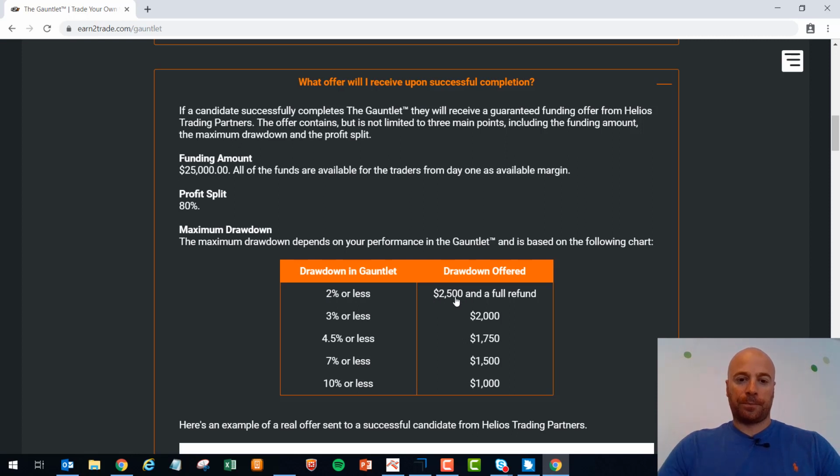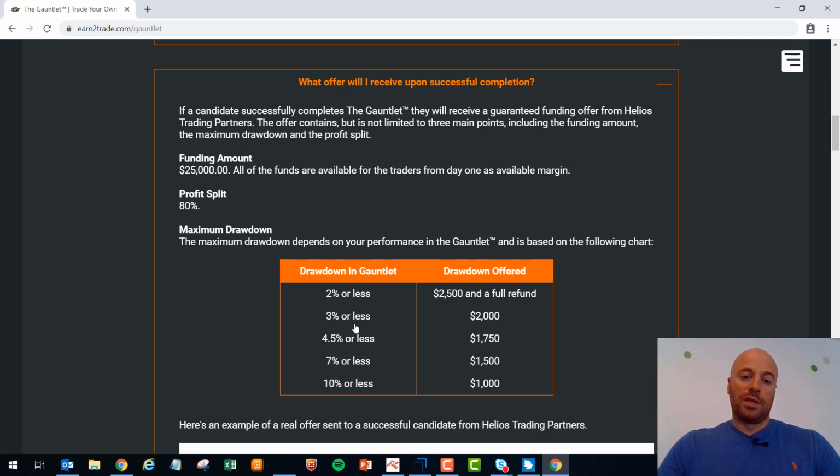As an example, if you draw down only 2% in the Gauntlet and hit the 10% profit target, the drawdown that will be offered is $2,500 and you'll be refunded fully for your evaluation. Now that's pretty difficult to hit. I mean, that's a 2% drawdown to hit a 10% profit target. That's a 5 to 1 ratio.